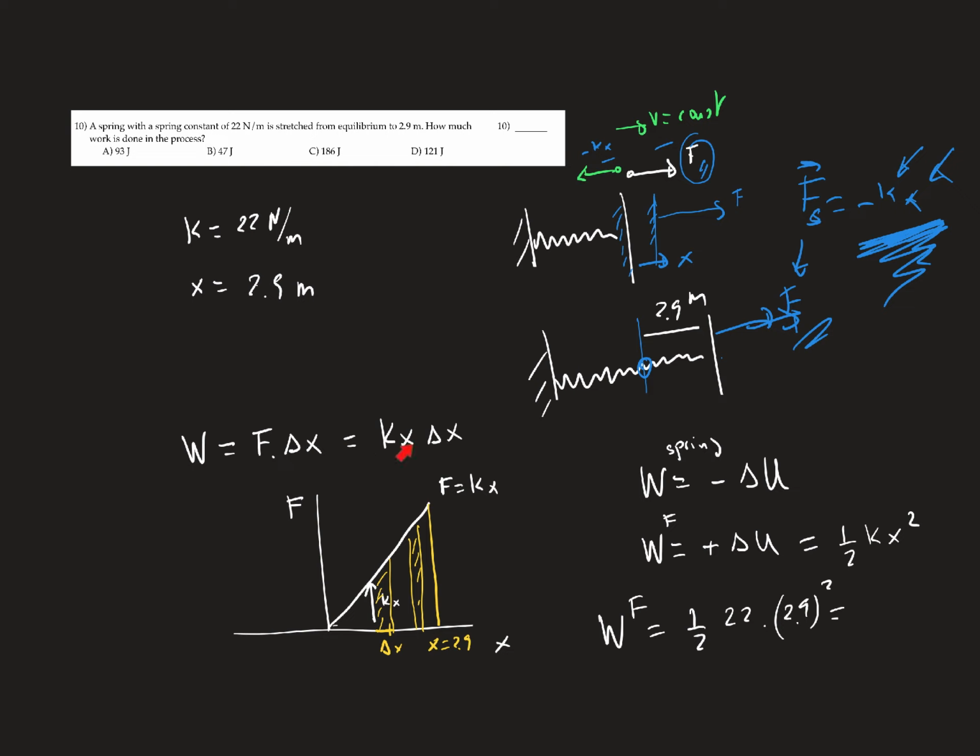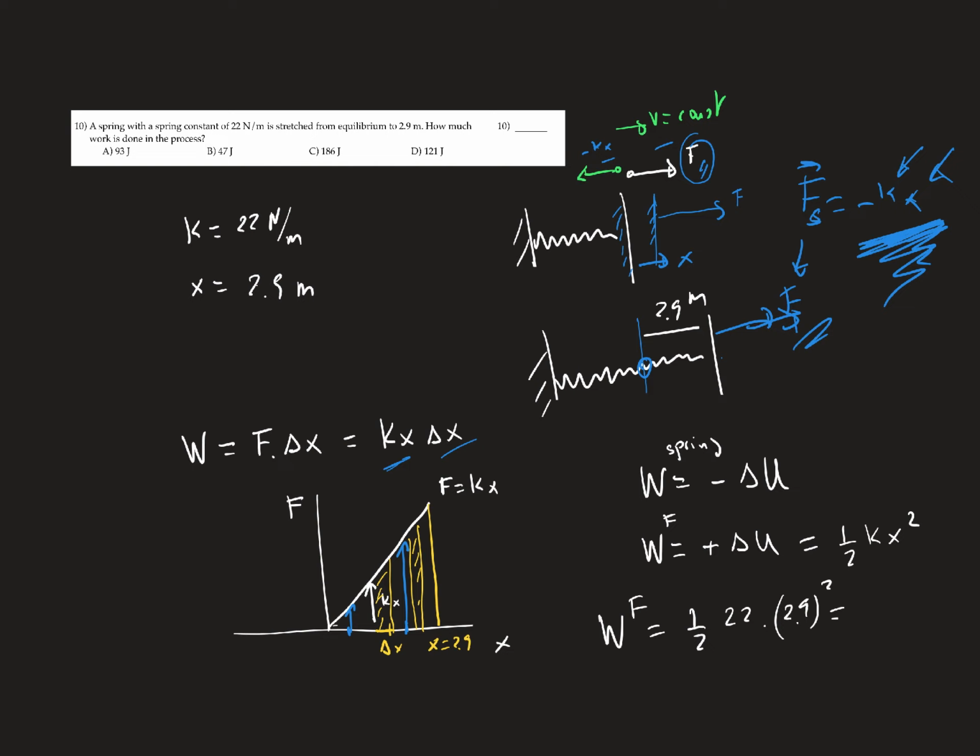The force is kx, because it's the force in the right direction, times delta x. But the force is changing. When x is here, a small x, the force is small. When x is here, the force is bigger.